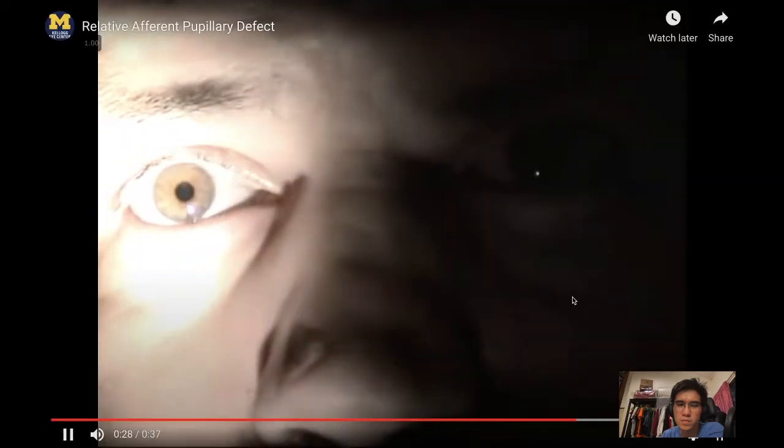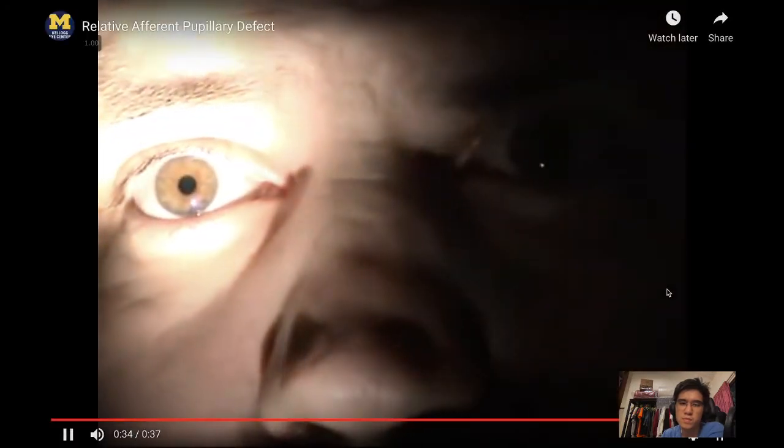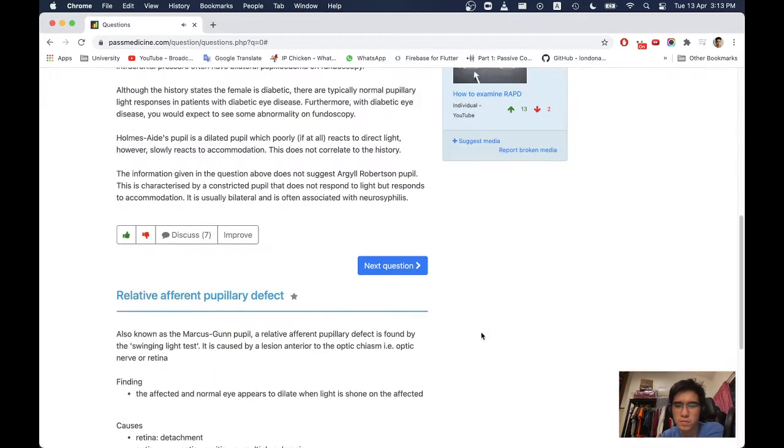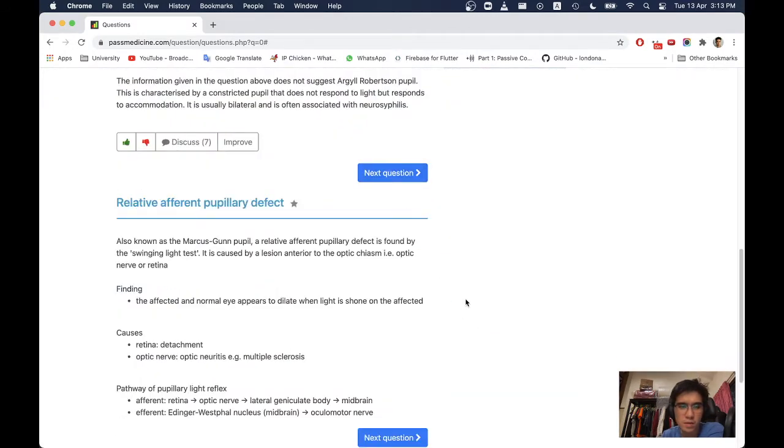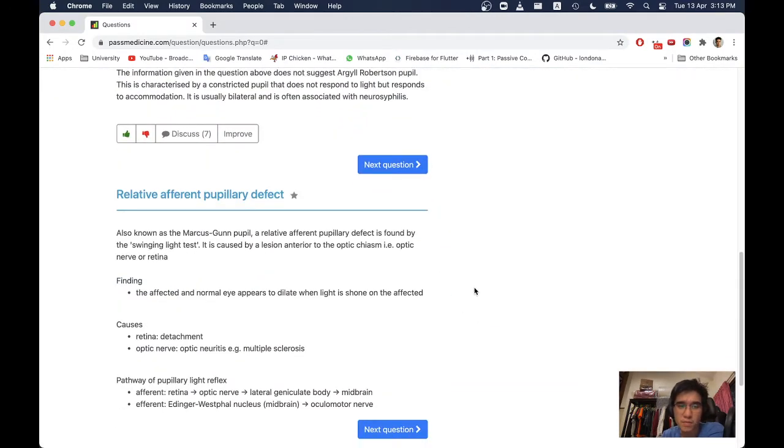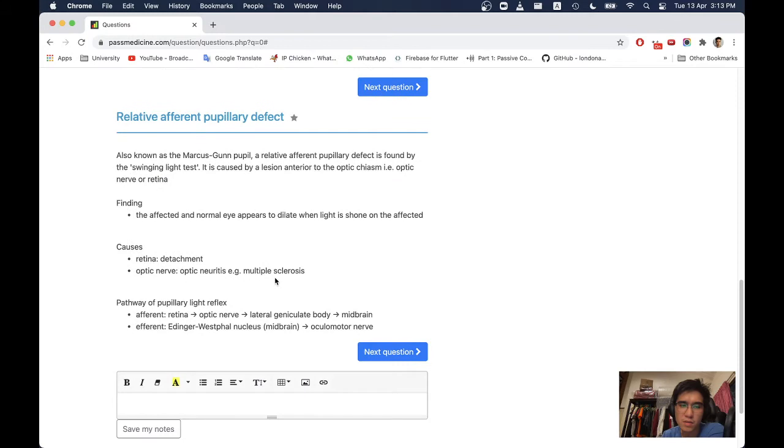This test is the most sensitive and the only objective way to demonstrate a unilateral optic nerve lesion or bilateral but asymmetric optic nerve lesions. Also known as Marcus Gunn pupil. Relative afferent pupillary defects found by a swinging light test are caused by a lesion anterior to the optic chiasm, i.e. the optic nerve or retina.